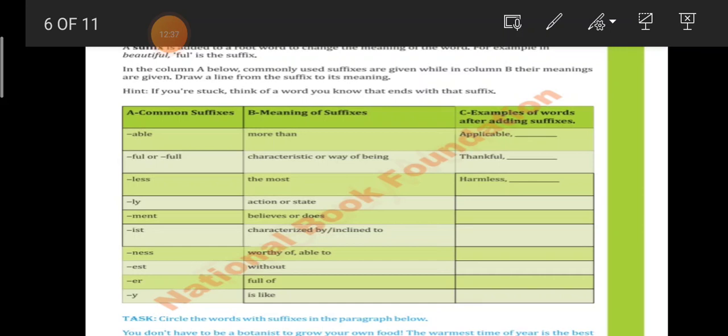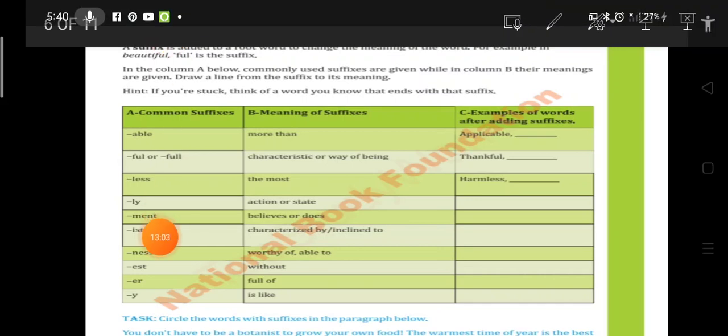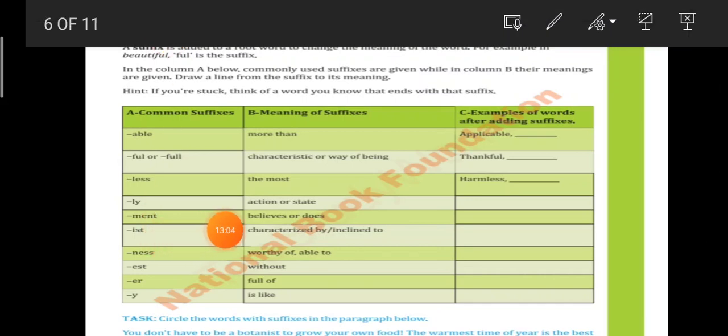Got it? So here some words are given and you have to make suffixes of those words, like for able, applicable is given, ful, thankful, and less, harmless. So you have to add one more suffix over here, and then ly that is given here. So for that you will write smoothly, brightly, okay?